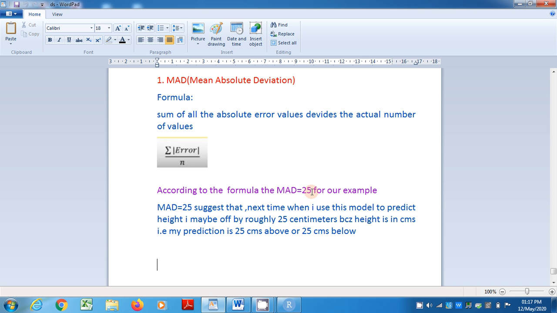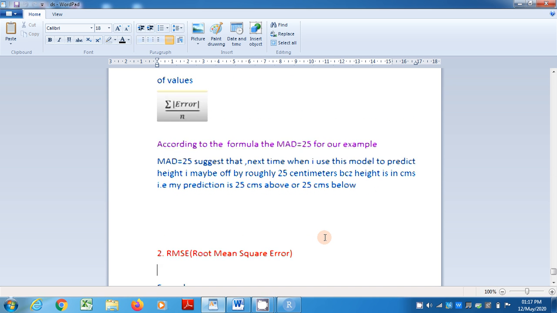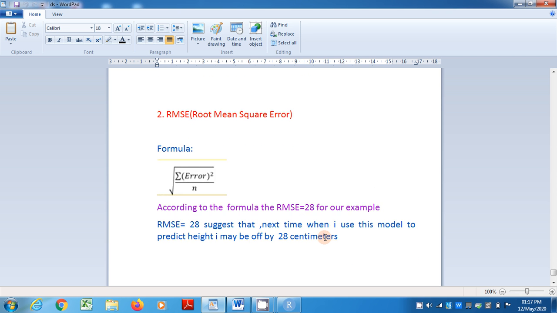So what does 25 suggest? It suggests that next time when I use this model to predict height, I may be off by roughly 25 centimeters, because height is in centimeters. The prediction may be 25 centimeters above the actual value or 25 centimeters below it. The second approach is RMSE, root mean square error.